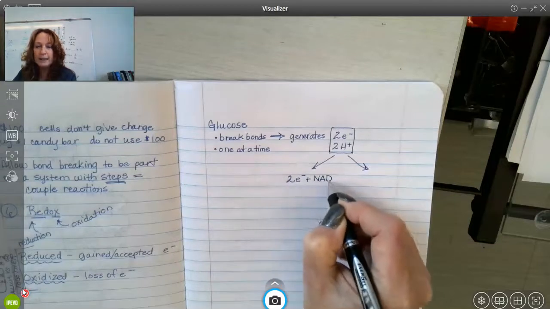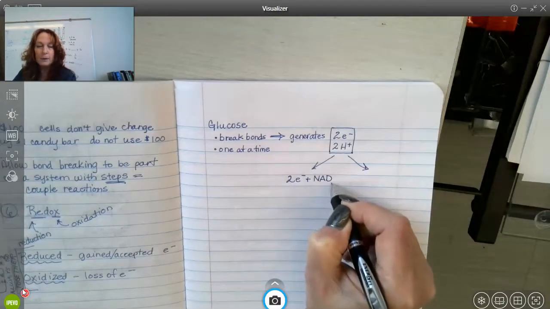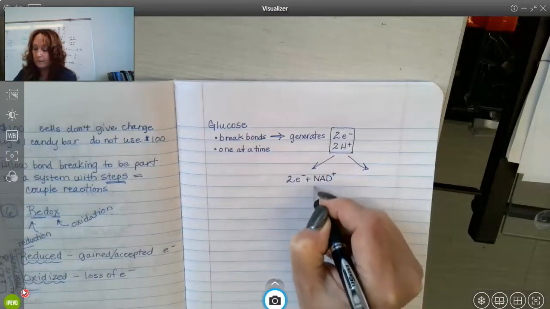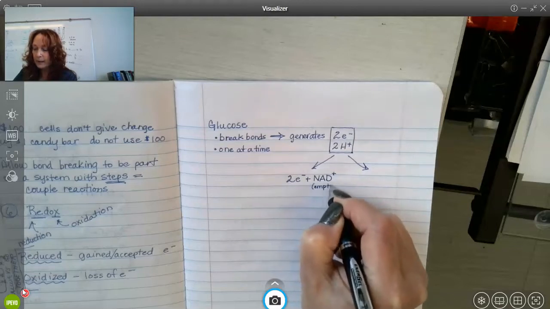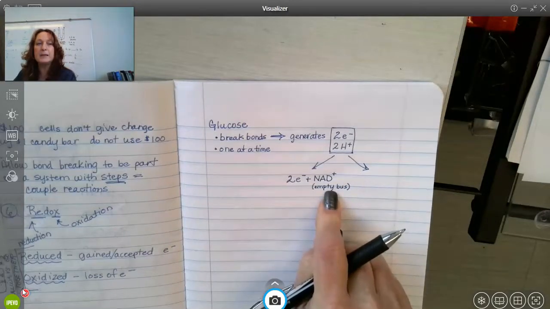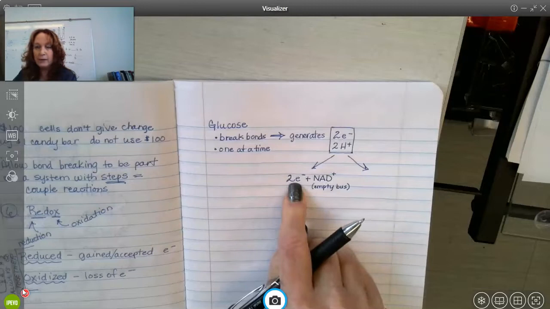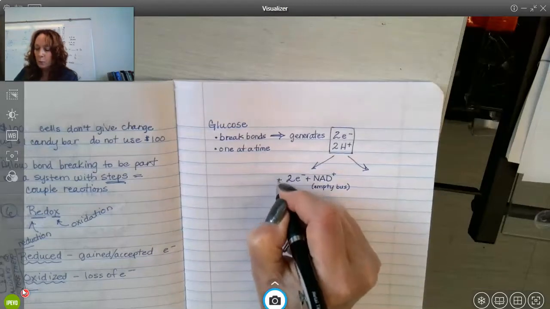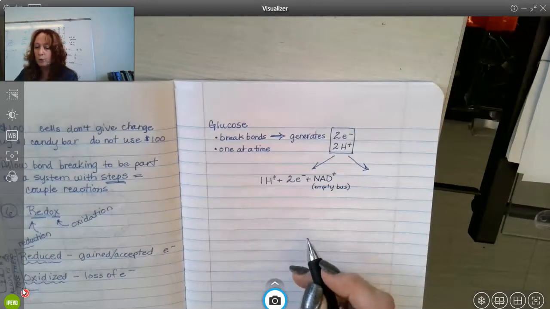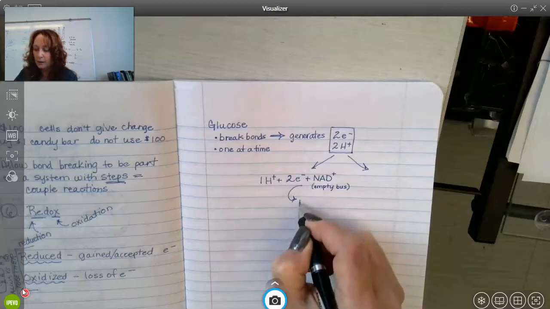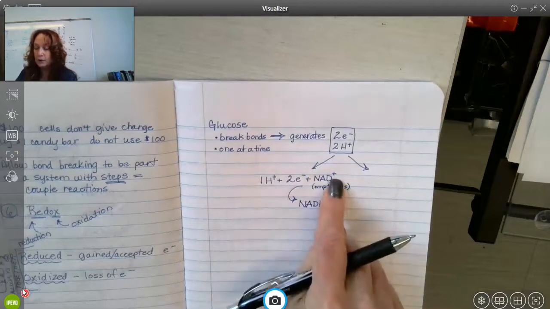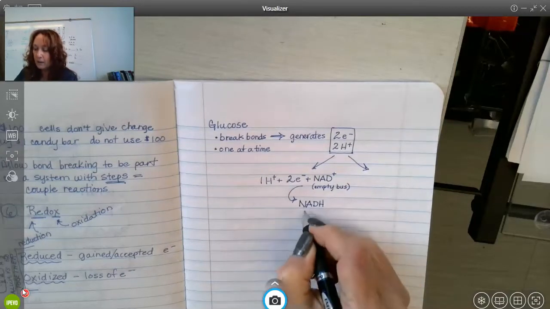And when it's in its I-can-accept-electrons form, I call that an empty bus. So think of it like a bus with 2 seats. NAD is the empty bus. When you put the electrons on, 1 hydrogen goes with it, and what you form is a molecule that's called, you can guess now, NADH, because the H is now going to be part of this. This is the full bus.